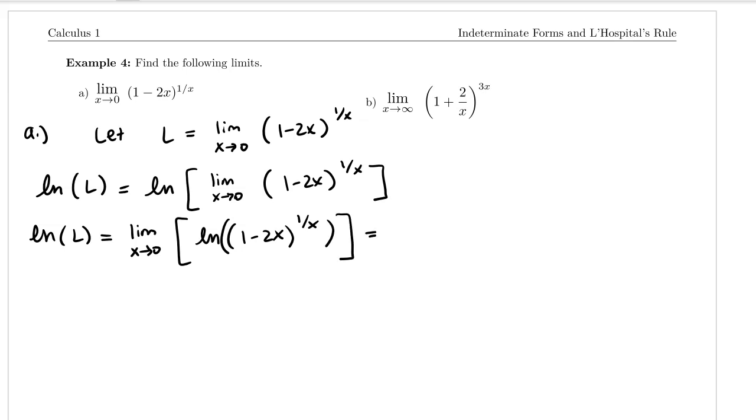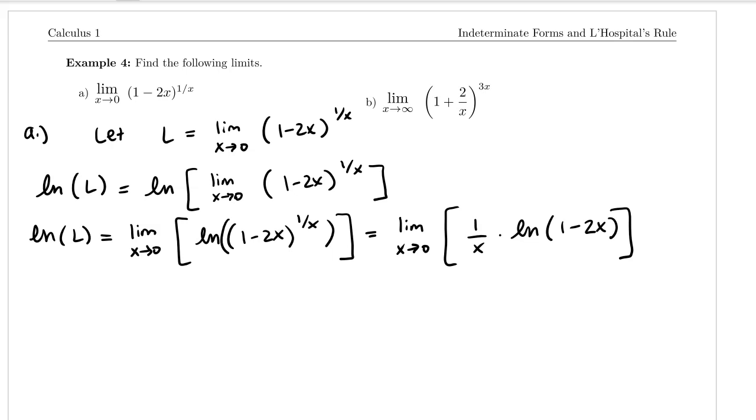And now that lets me use the power rule for logarithms. So I get that this is the limit as x approaches 0 of 1 over x times the natural log of 1 minus 2x.